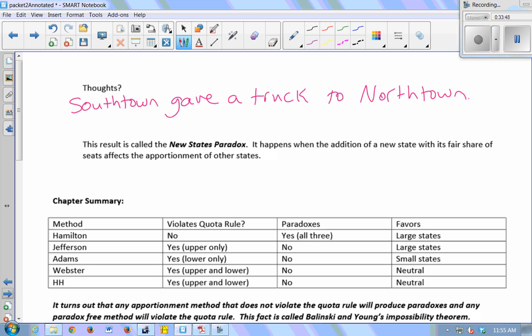Okay, so this result is called the new states paradox. It happens when the addition of a new state, along with its fair share of seats, affects the apportionment of the other states. The other states seem like they should stay the same.